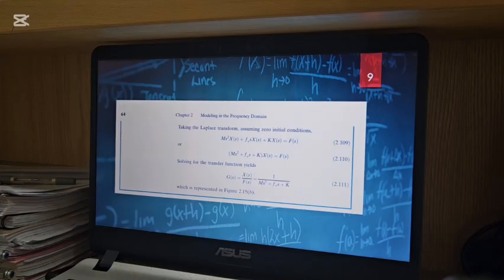So we will reach (Ms squared plus Fv s plus K) X(s), and then we will divide X(s) over F(s), and we find the result is 1 over Ms squared plus Fv s plus K. That is the result of this problem.